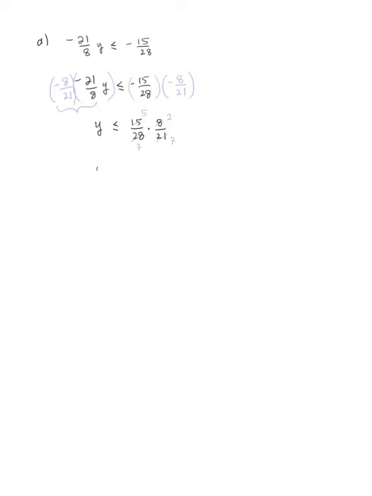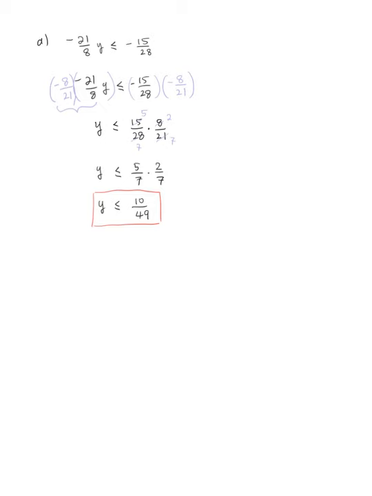So we have y is less than or equal to 5 over 7 times 2 over 7. You don't have to show all these steps; I'm just trying to do everything step by step in case you forgot your algebra a little bit. So what do we get now? y is less than or equal to 10 over 49, since 5 times 2 is 10 and 7 times 7 is 49.